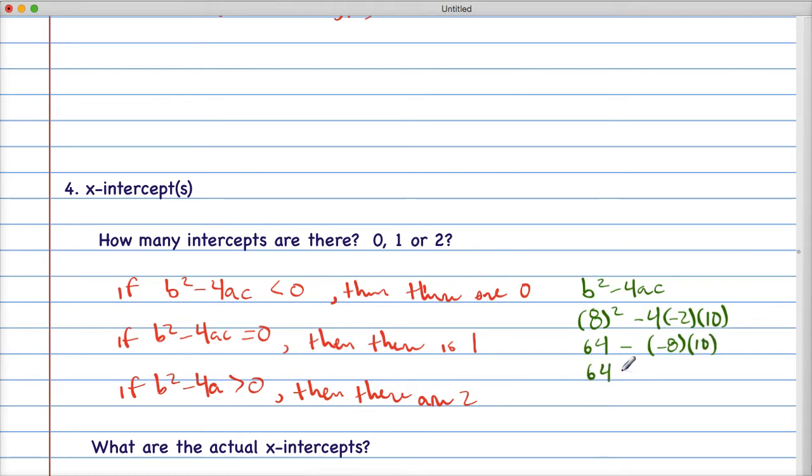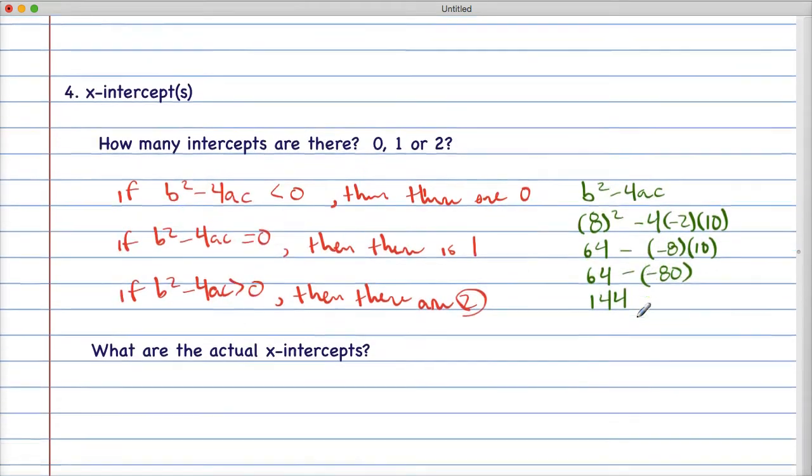So I have 64 minus -80. Minus a negative is really positive. So 64 plus 80 is 144. So b squared minus 4ac is 144. That's positive. That's greater than, I forgot the c, it's greater than 0. So that means there's going to be 2 x-intercepts. So that's how I know I have 2 x-intercepts, by determining this value, b squared minus 4ac.